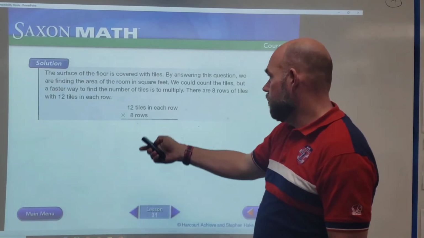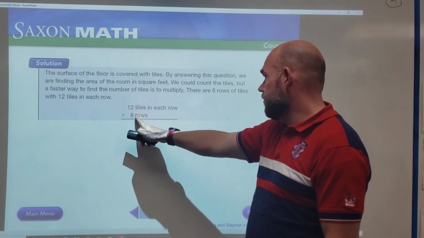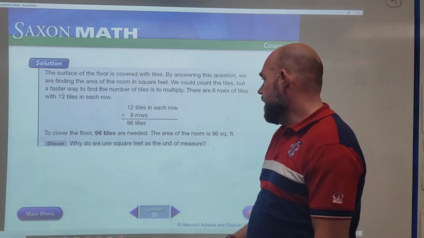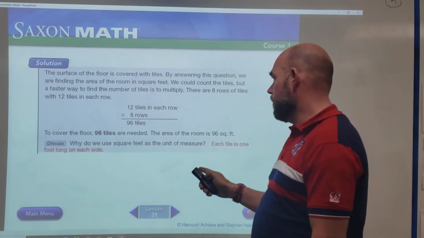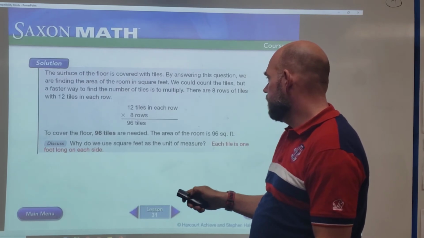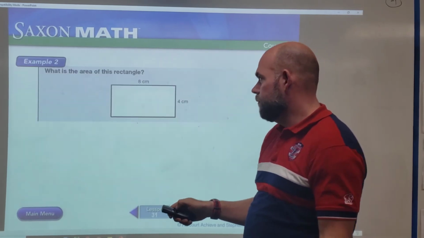And so we'll just line those up, 12 tiles, 8 rows. We get 96 total tiles needed. And for the measurement, each one is a foot long on each side, and so it would be feet squared.